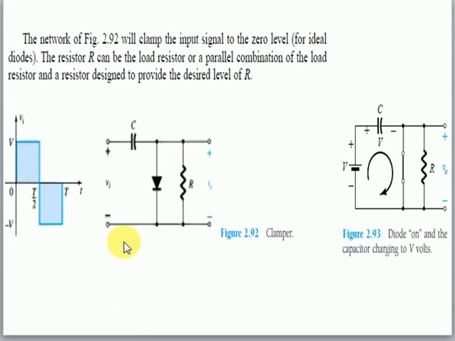In other words, V is the input voltage, so we can write plus V minus Vc, where the voltage across the capacitor is Vc, and minus Vd equal to 0. So Vc is equal to V.